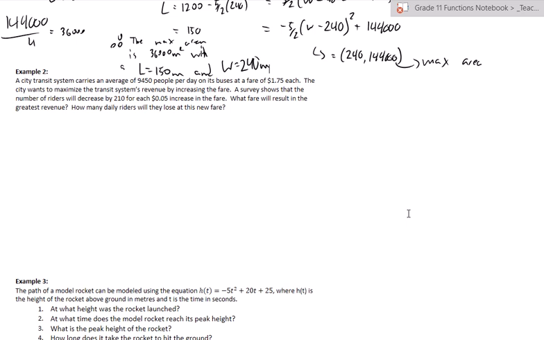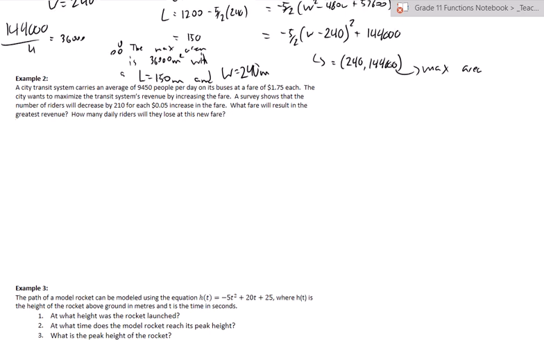So we have to look at this carefully. We have two values for each variable. We have the number of people per day, and we have cost. The number of people per day, the original amount, is 9,450, and the original cost is $1.75. So we're going to use that.